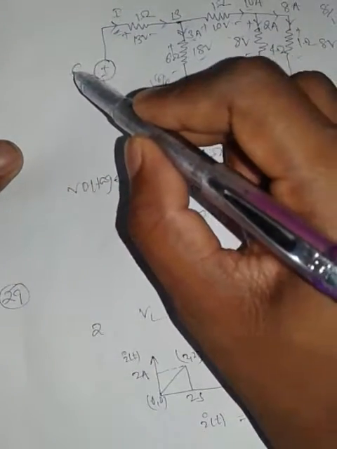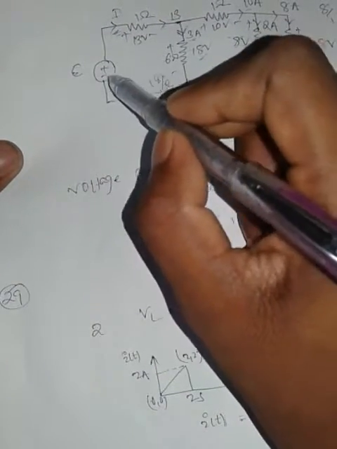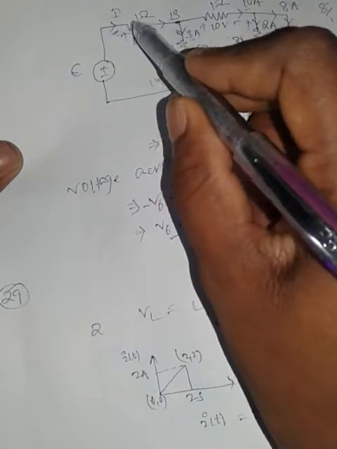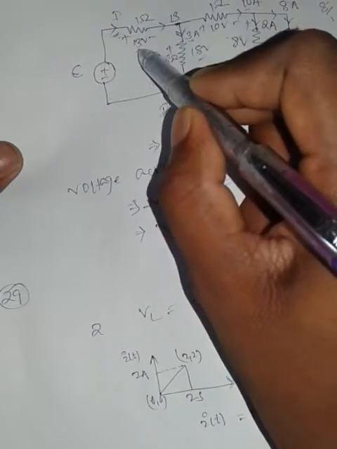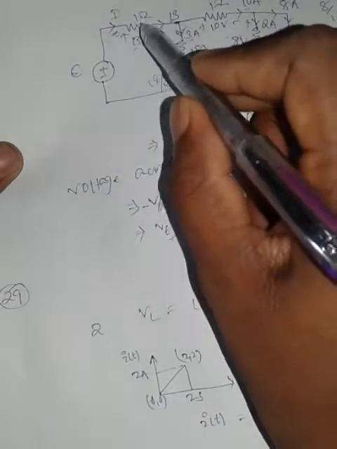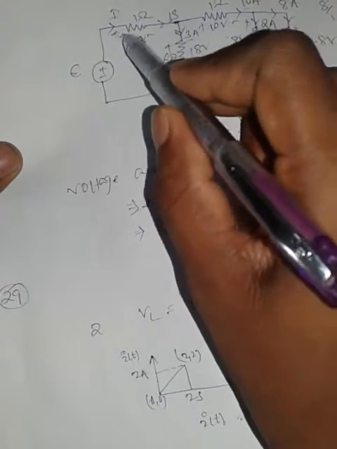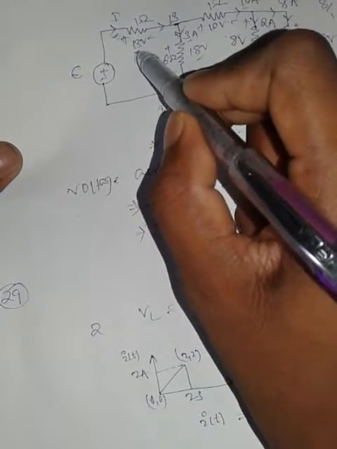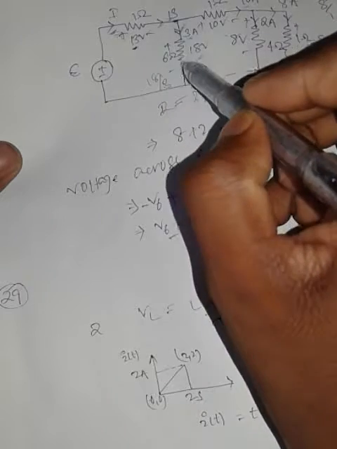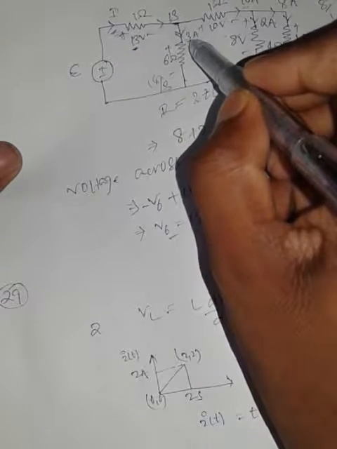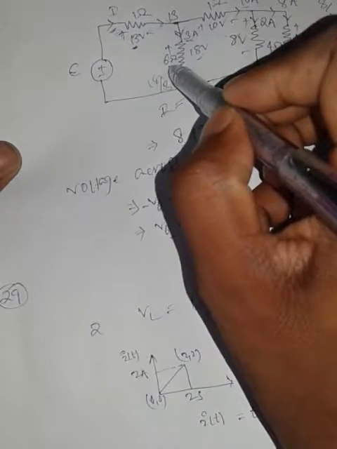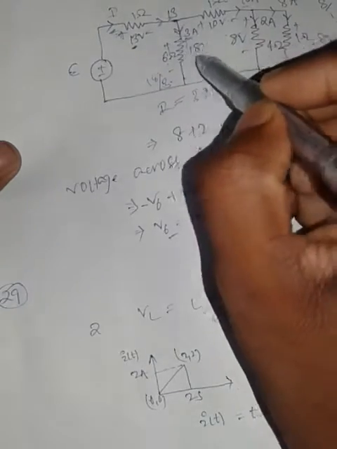This is a voltage source, which we don't know, and we have to find it out. Consider the 1 ohm resistance, where 13 ampere current is flowing. So 13 into 1 is 13 volt. And across this one, 3 ampere is flowing, 6 ohm is there, so 18 volt, which we have already calculated.